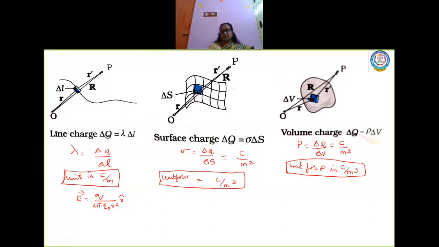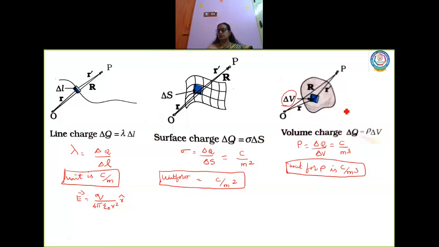Now divide this volume into very small elements. This is what we have done here. The entire volume is divided into small volume elements whose size is given as del V. So what is the charge in this volume element?